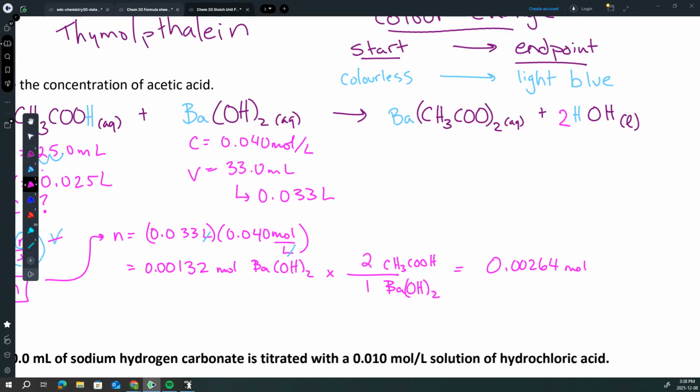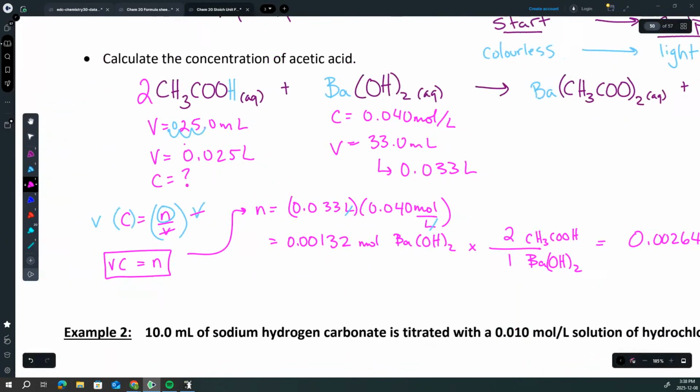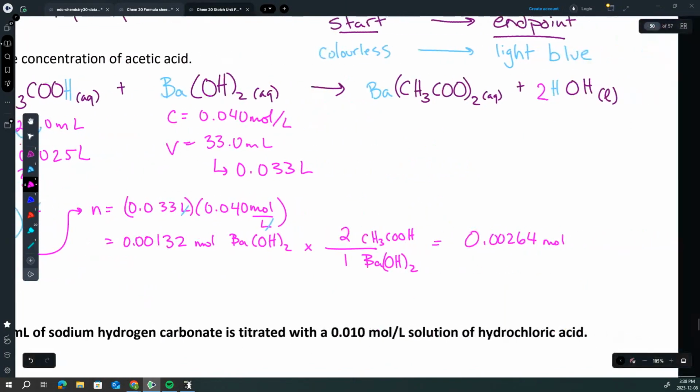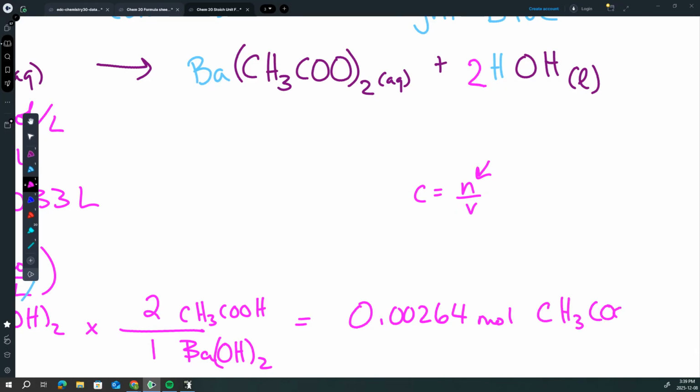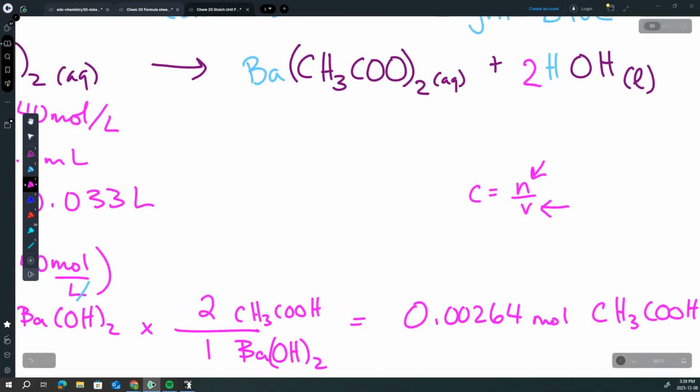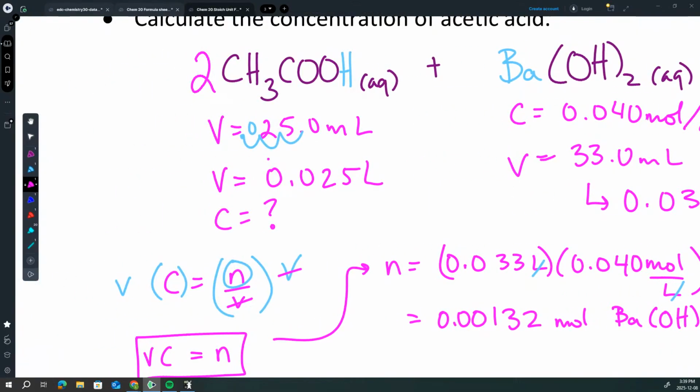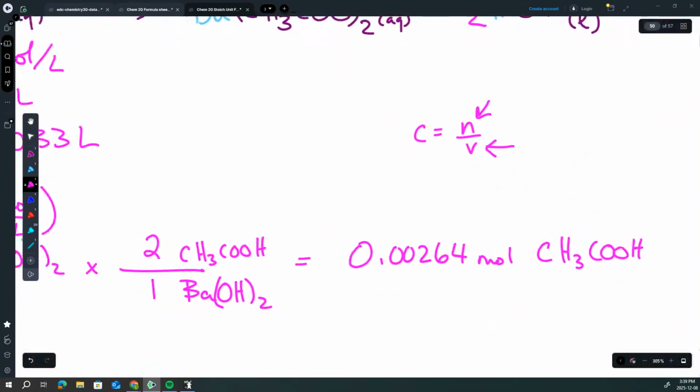So that's moles. And now we're at step 4. Give the question what it wants. The question is asking for the concentration of acetic acid. So going back to this formula, concentration is equal to moles divided by volume. What this tells us is we need to take the moles of acetic acid and divide it by the volume of acetic acid. The volume of acetic acid is 0.025 liters.